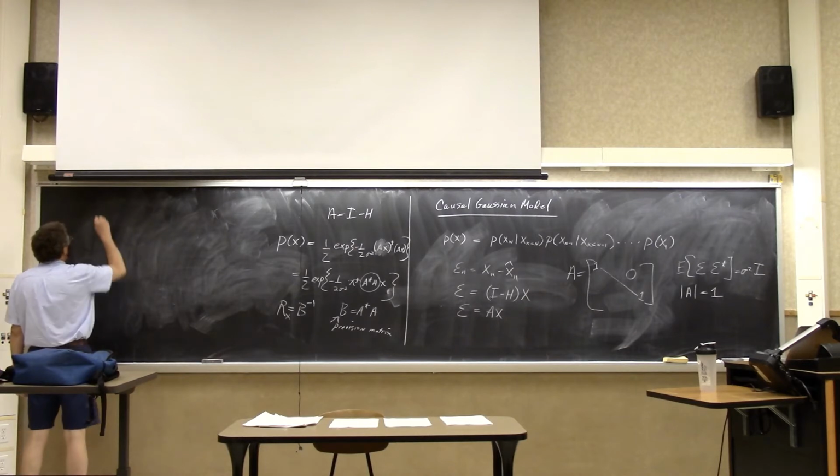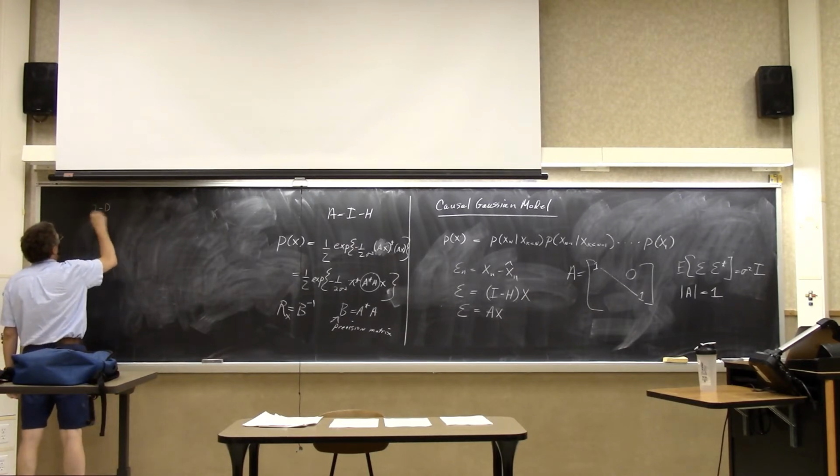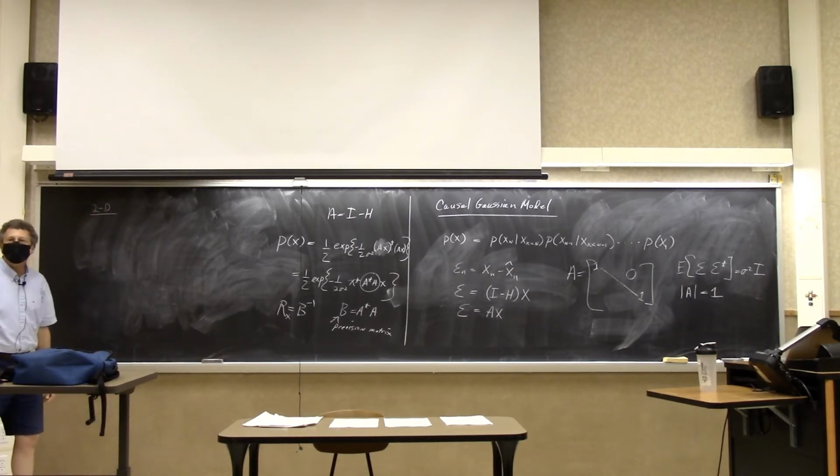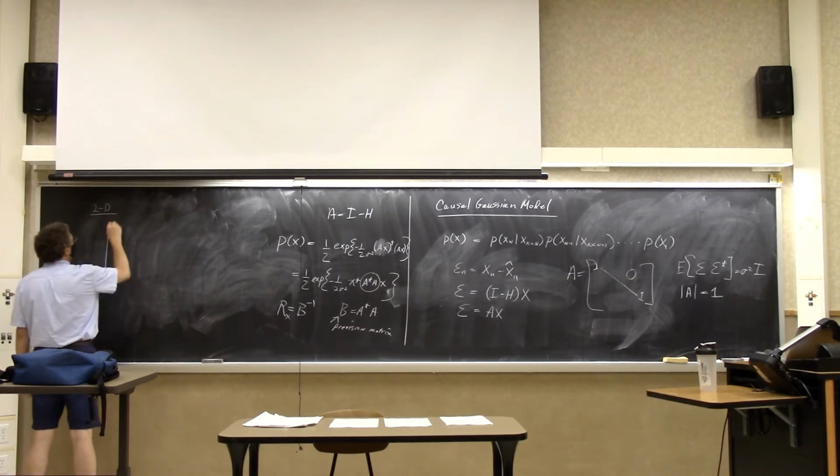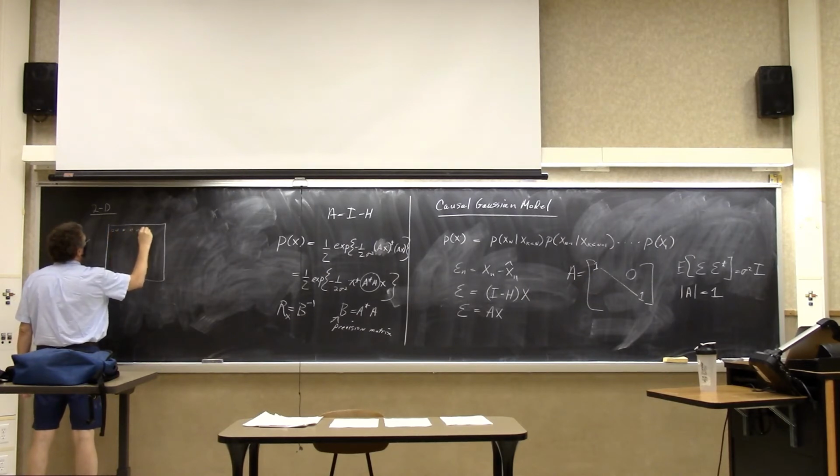So 2D. In 2D, if you want to do this, you've got to have a causal representation of the data, right? So you have something like this. These are the points in 2D.